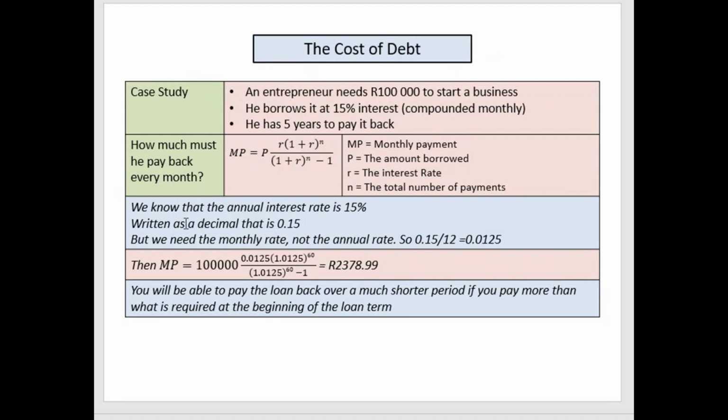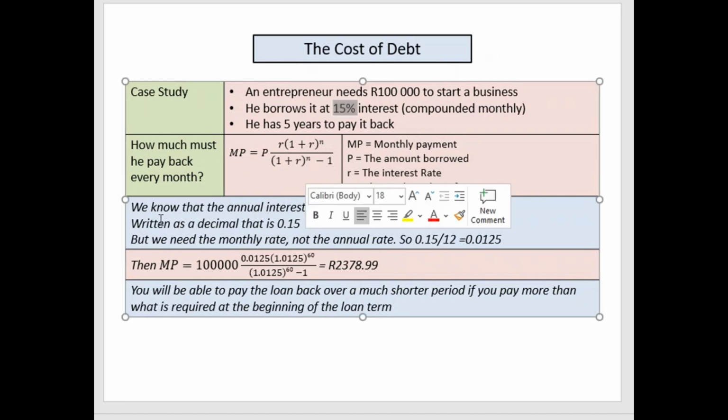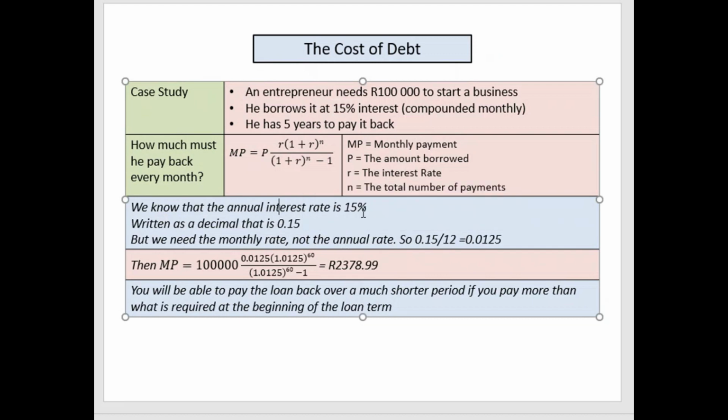Okay. So we now know that the annual rate is 15% because it was given. We can write that as a decimal. Always, before you do the calculation, you turn the percentage into a decimal. I think you've kind of figured that out by now, because you can't add a decimal and a percentage because it's going to get a weird thing.